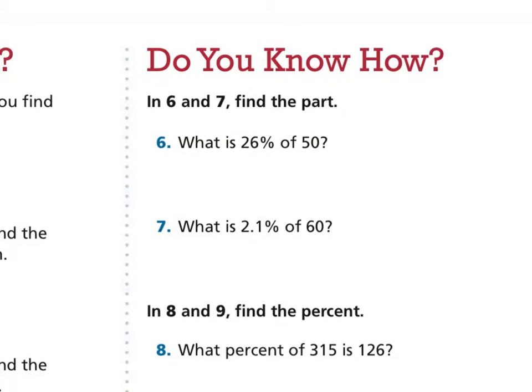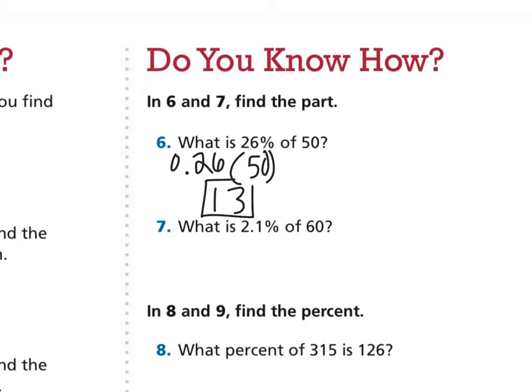So skipping over to the Do You Know How on page 364. We're going to do the rest of this lesson tomorrow. So number 6 asks, what is 26% of 50? So 26% as a decimal would be 26 hundredths. If you move your decimal 2 places, you multiply 26 hundredths times 50, would be 13.